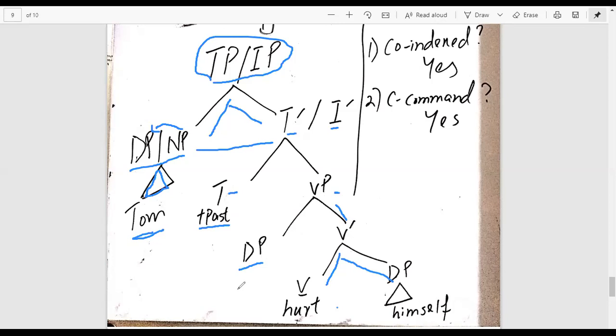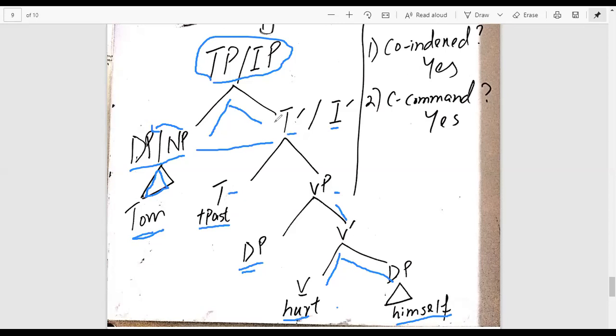Under this VP we do not have any DP, so we kept it empty, and under this V-bar we have the verb, which is "hurt" in the sentence, and DP, another noun phrase or determiner phrase, which is "himself." So this was the explanation of the diagram. Now let us see whether A co-indexes B or not.